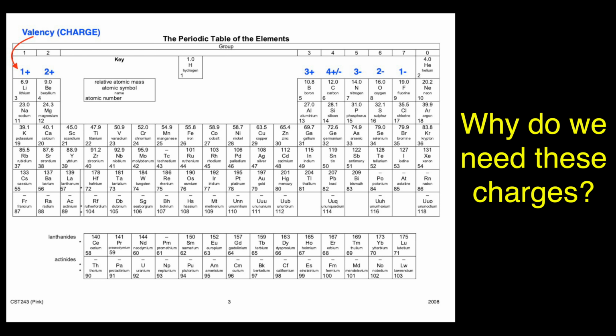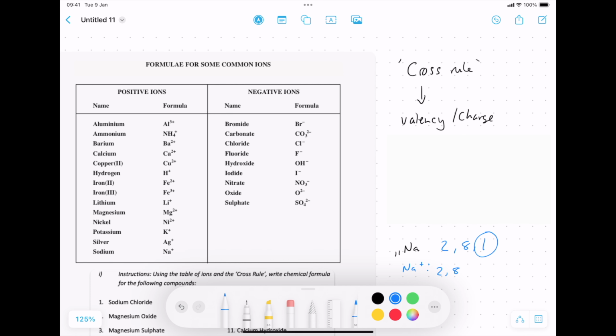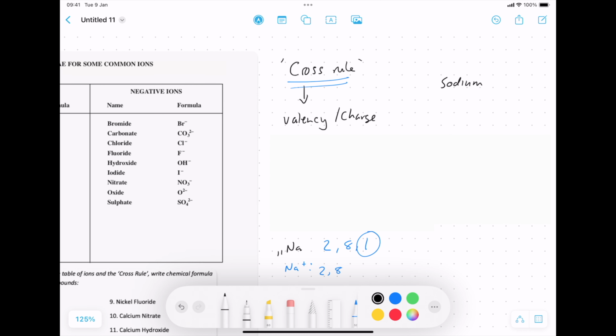So we use those charges then to create the chemical formulae for particular compounds using this very simple principle called the cross rule, where you simply cross the numbers of the ions involved and ignore the charges because they cancel out. So for example, say we had sodium bromide, and we know that sodium is 1+ and bromine is in group 7, so its charge is 1-.